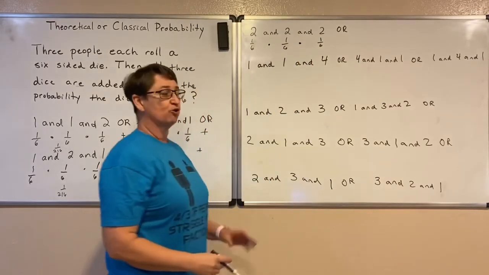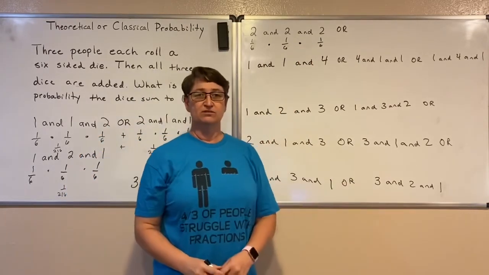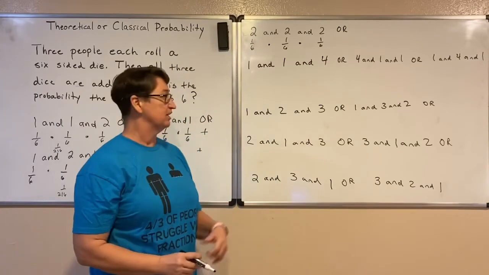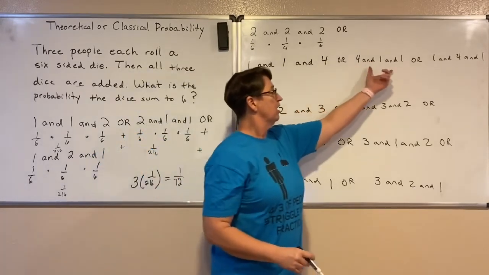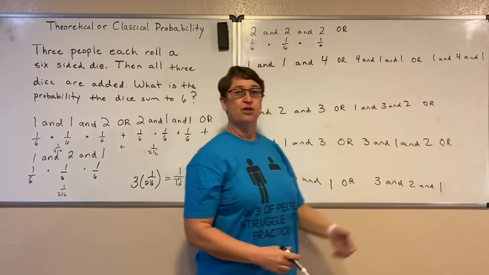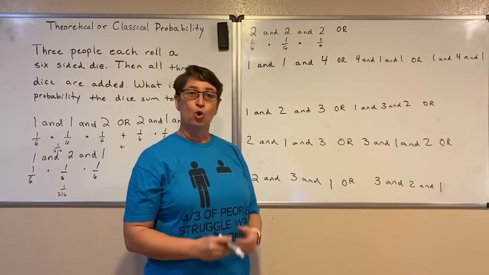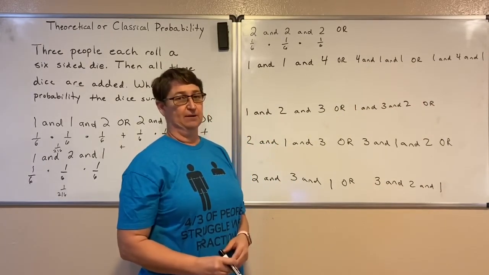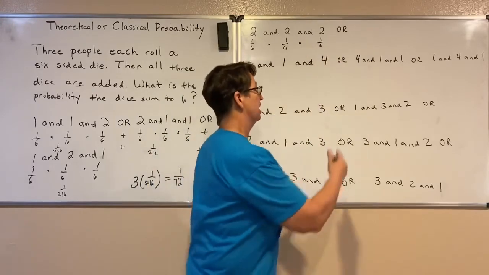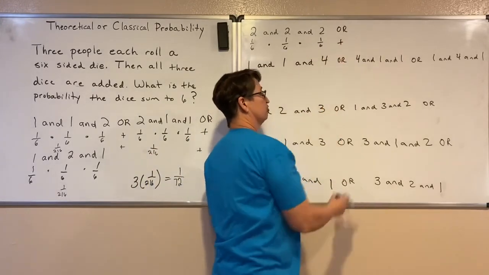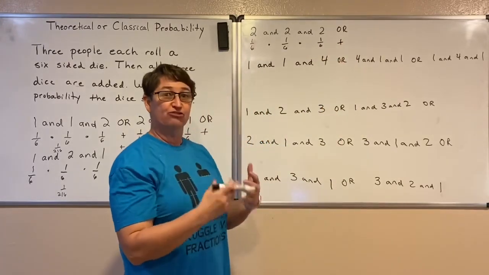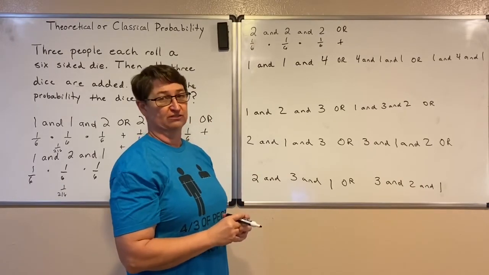So we're just going to be multiplying on all 10 of these, 1/6 times 1/6 times 1/6. So each individual possibility here, the probability is 1 out of 216. But then the ORs tell us that we're going to add them all together. So we're going to add together all 10 of those 216s.